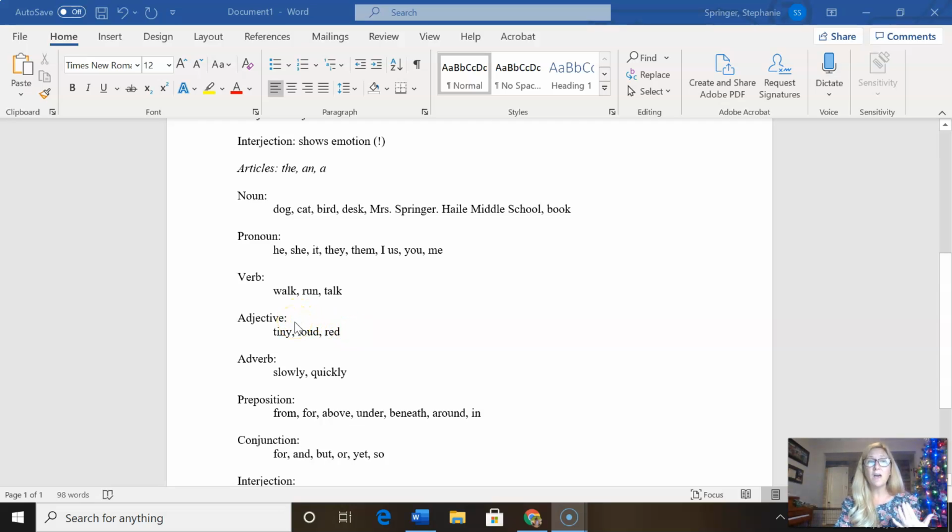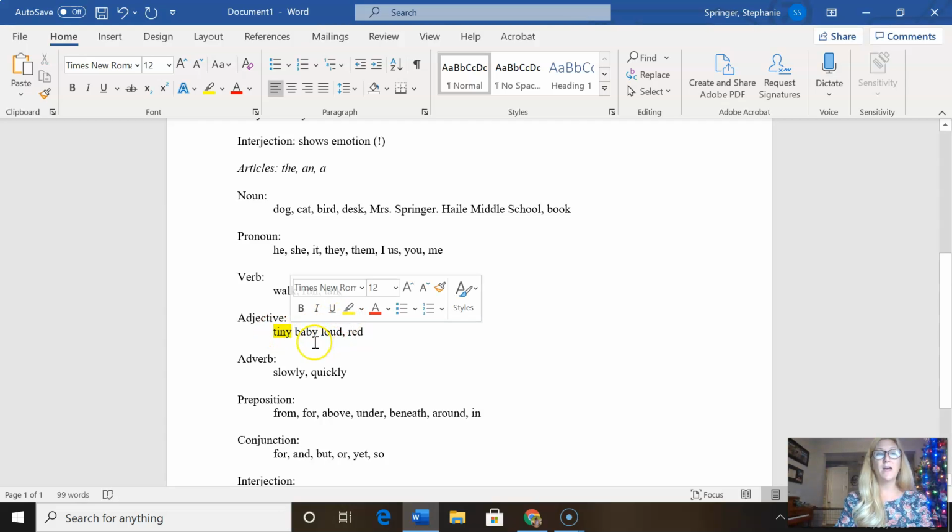Adjectives. Adjectives modify. So if we have the word tiny, what is tiny? It's modifying a noun, so we'll go tiny baby. There is your adjective describing the noun baby. Loud, what can be loud? A dog can be loud.